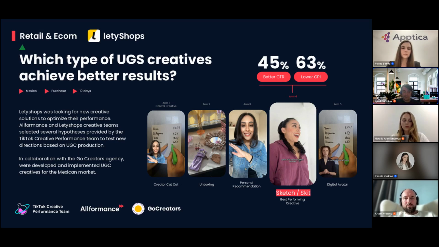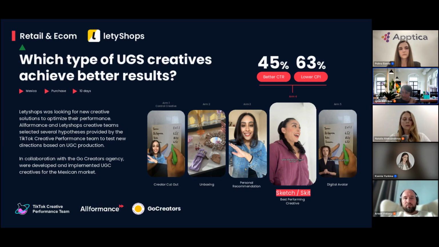And then we launch it for 10 days for purchases optimization and get the results. And as you see, the sketch was the best performing creative in this test. After this test, the client took this creative, remixed it for at least 5, I guess, languages, launched it and scaled a lot, because they took different approaches.